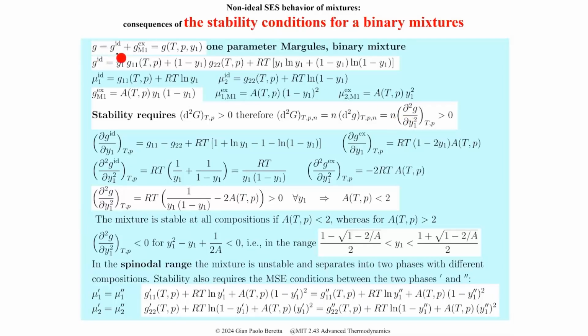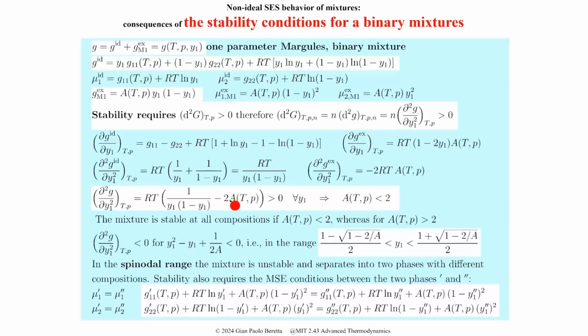So we have the expression for the Gibbs free energy. We can take derivatives. Let me skip the steps and go to the result here. This is the second derivative. It's in terms of the mole fractions, RT, and the constant A. For this to be greater than 0, you see this is subtract.